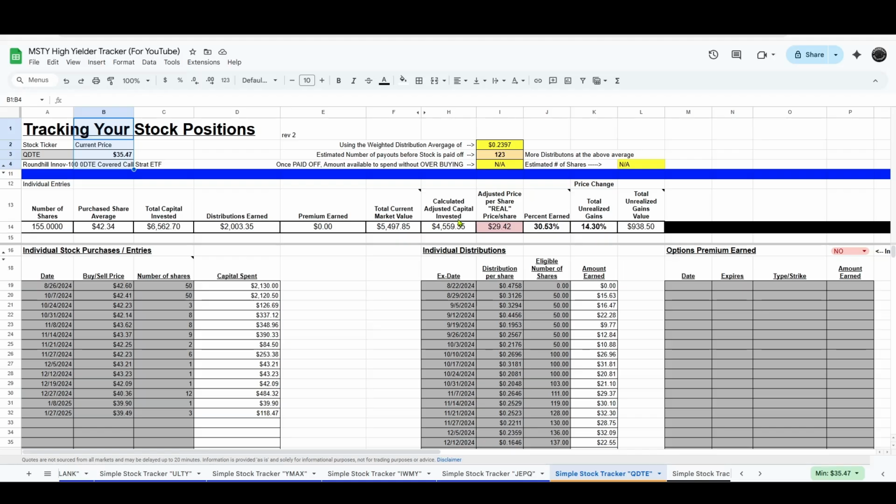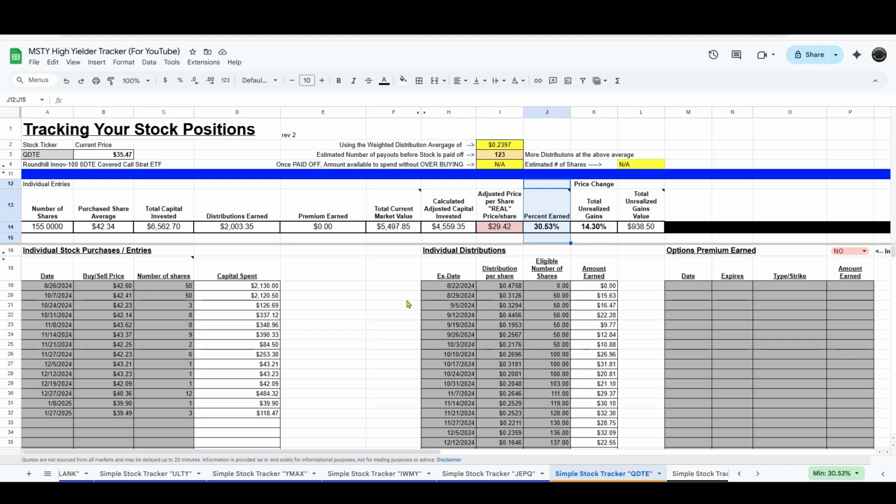And if I were to sell those shares, I would earn a total of $938.50. And that's what I would actually clear. So even though they pay weekly, I've only gained back 30% of what I have invested. So just because an ETF pays out weekly does not necessarily mean that it's going to benefit you more.